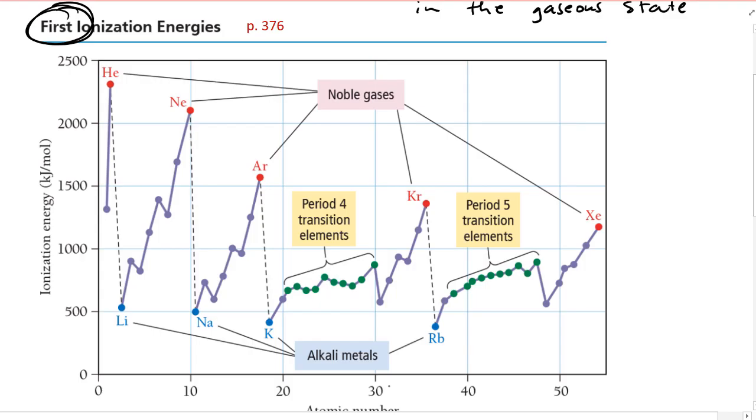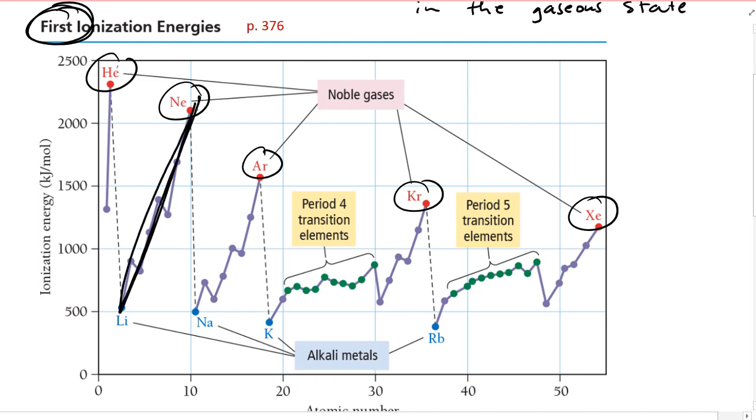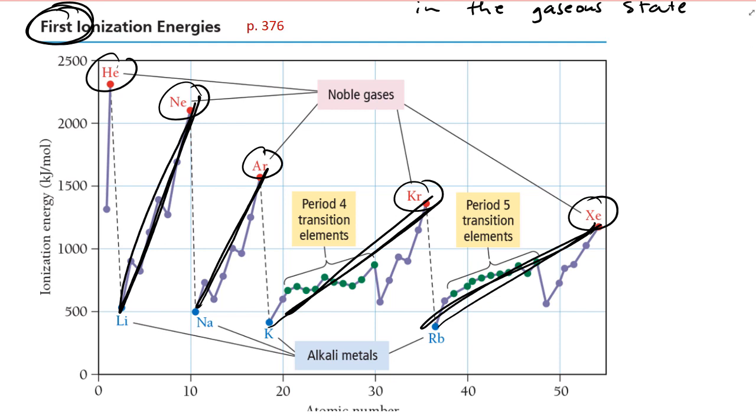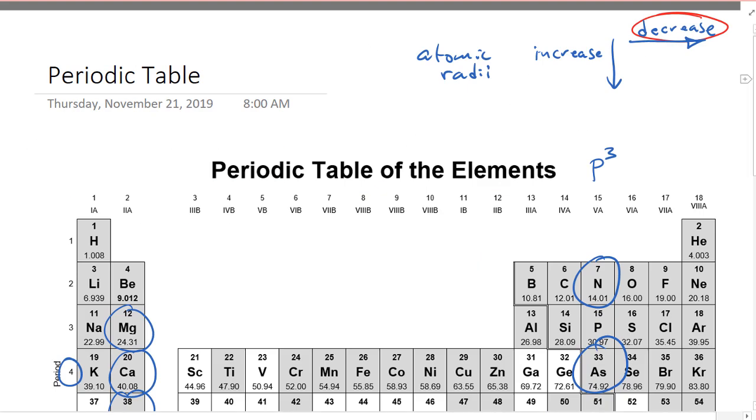So again, coming back here, within a group, we see that as we go within a group, the values tend to decrease. And if we look within a period, we see that as we go across from lithium to neon, the values tend to increase. From potassium to krypton, they tend to increase as we go across from left to right. So again, if we're looking at our periodic table and we're putting in these trends, we can label one here for the ionization energies.